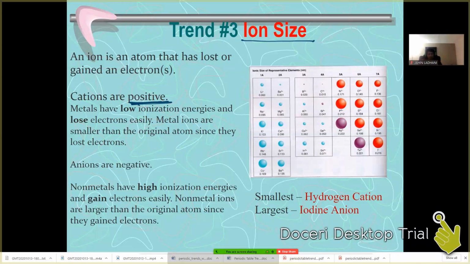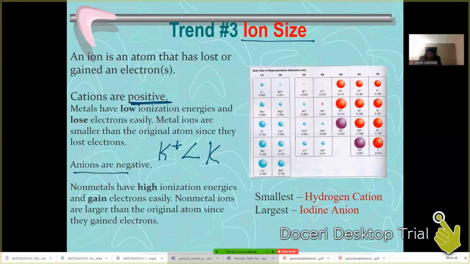So the metal ion, my potassium ion, would be smaller than my original atom. One, it's lost an electron, that would make it smaller, but now it has fewer electrons, one more proton than electron, so that proton is able to hold those other electrons in.